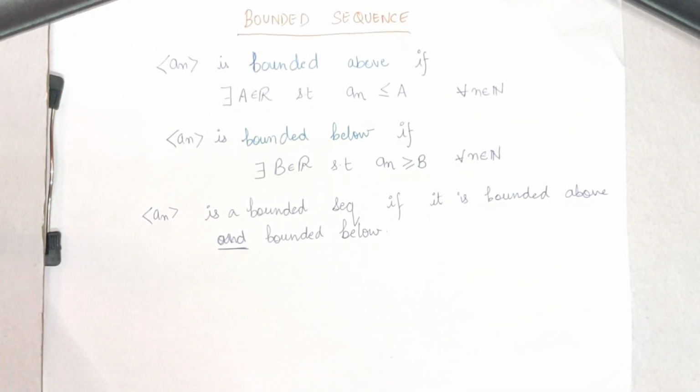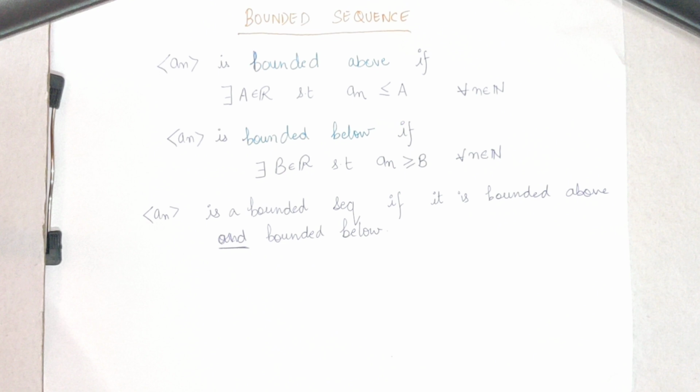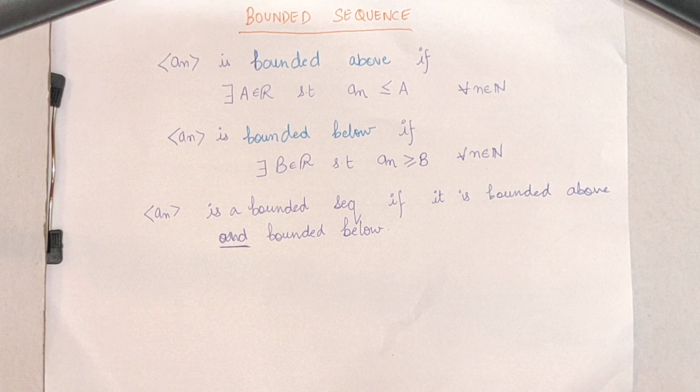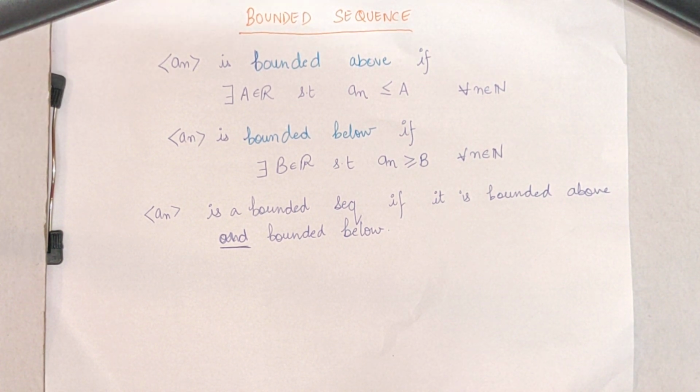Sorry, it's not or, it's and. It has a lower bound and an upper bound. So for monotone, a sequence is monotone if it is either increasing or decreasing. But we say a sequence is bounded if it is bounded above as well as bounded below.